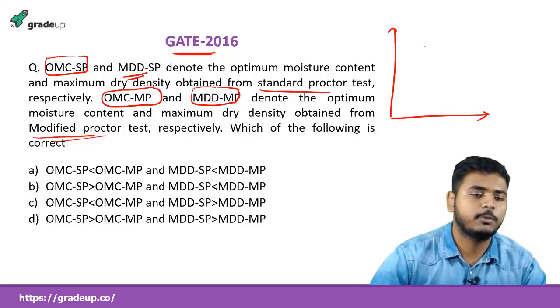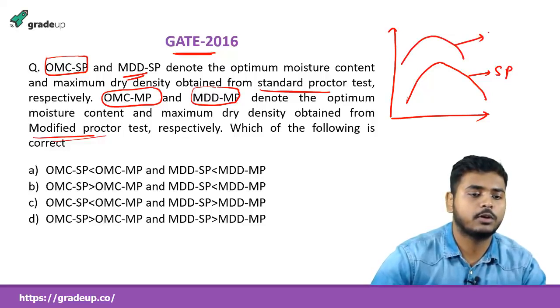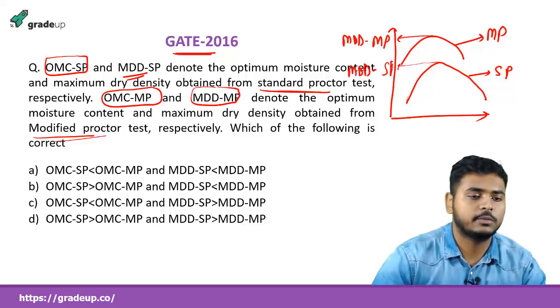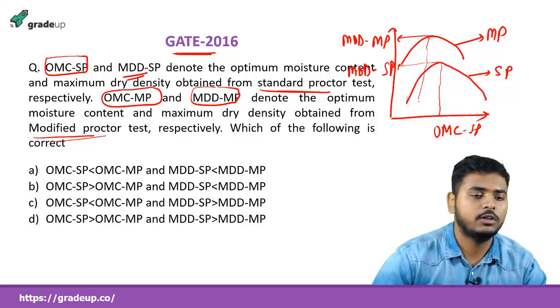Now we have already studied the graph. This was the graph for the standard Proctor test and this was the graph for the modified Proctor test. Okay, this was the MDD MP value, and this is the value for MDD SP, and this is the value for OMC SP, and this is the value for OMC MP.